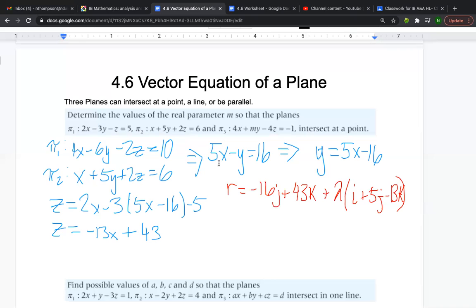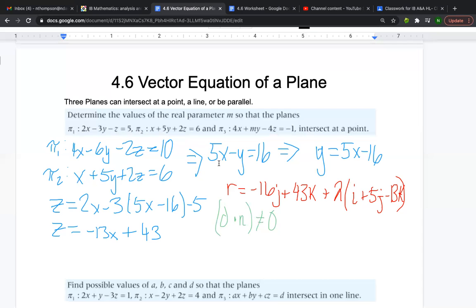So the concept here is if it only intersects at one point, then I need to make it so that the directional vector times the normal vector is not equal to 0, meaning that they're not perpendicular.